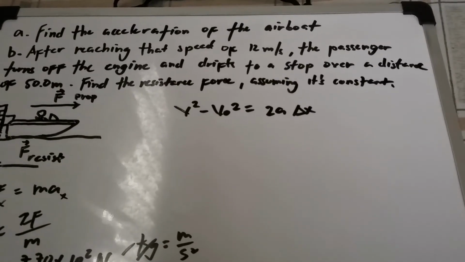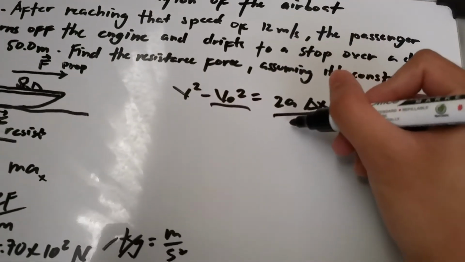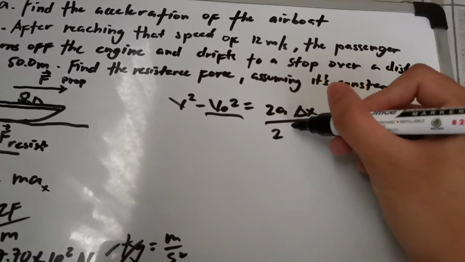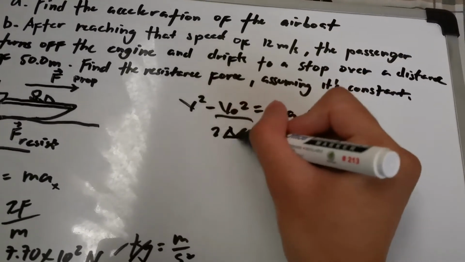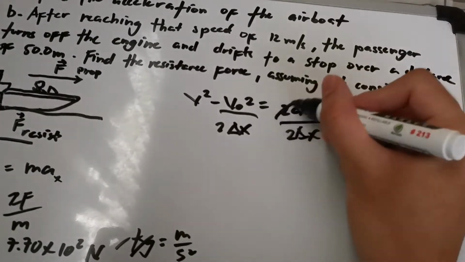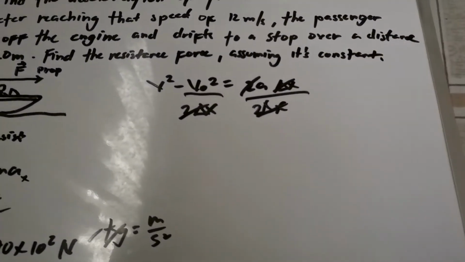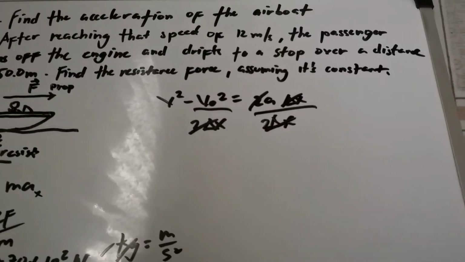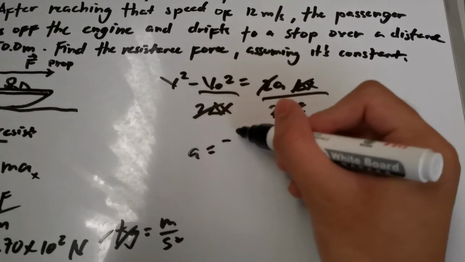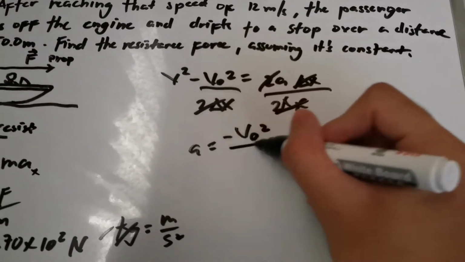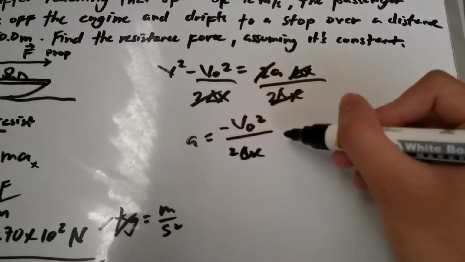Let's divide both sides by 2 delta x. This cancels. So a is equal to negative v sub o squared over 2 delta x.